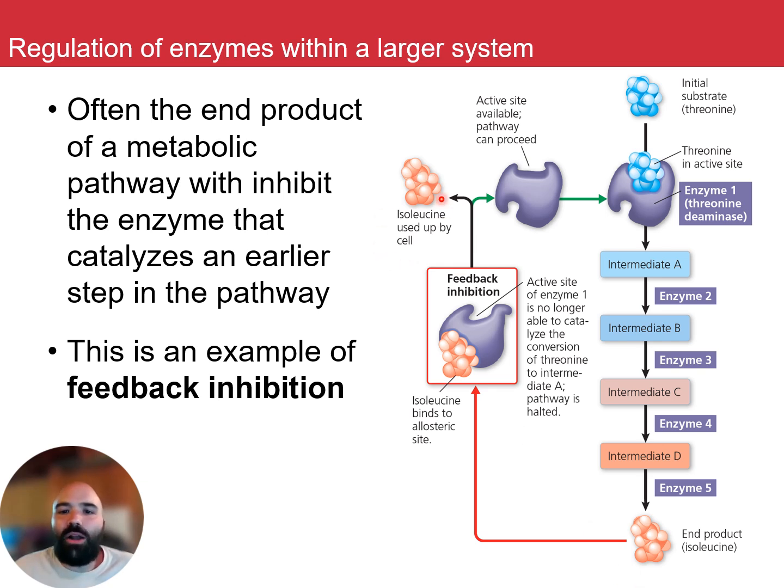When there is not lots of isoleucine, this enzyme is free, and therefore it can bind threonine, and we can make more isoleucine. This is a really important concept to understand. Feedback inhibition is how a cell is able to properly manage its resources and stay in a state of homeostasis where it is happy and functioning optimally.